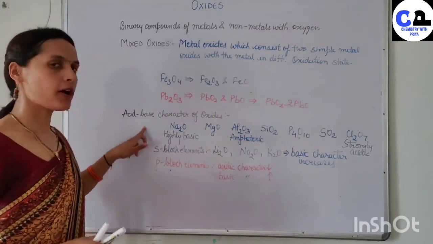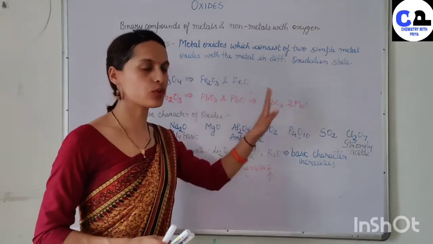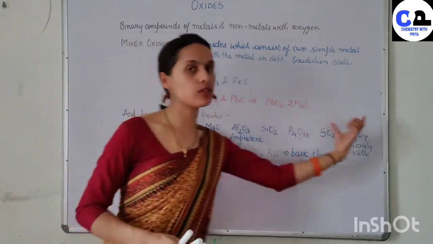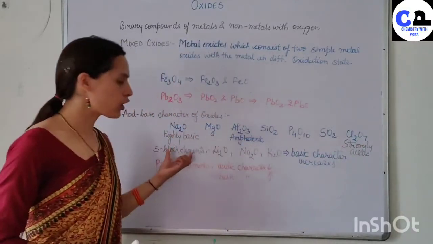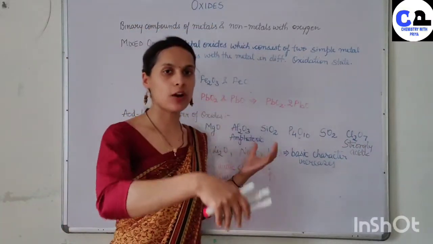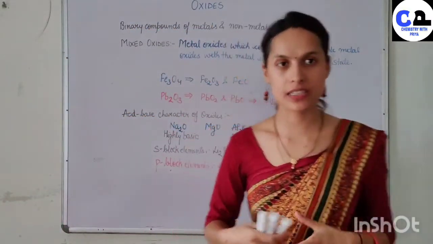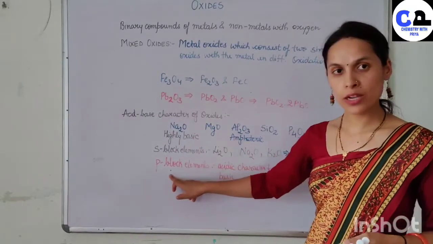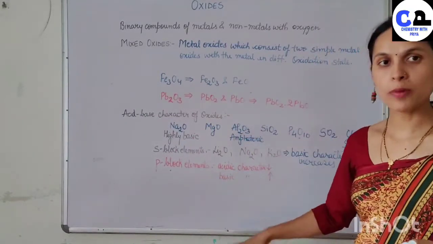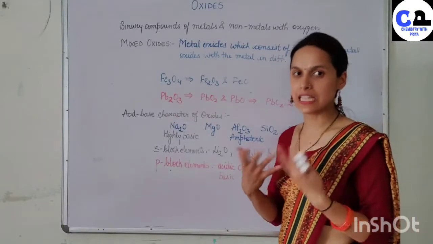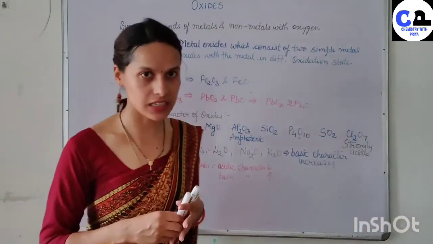So if we talk about a general period, on moving left to right, the basic character gets converted into acidic. For S block elements, on moving down the group, basic character increases. For P block elements on moving down the group, acidic character decreases and basic character increases.